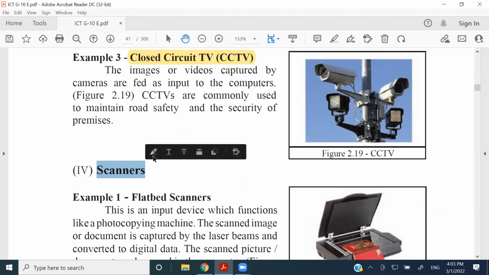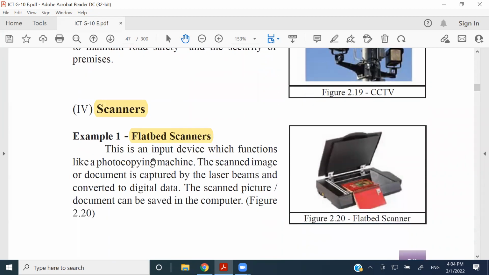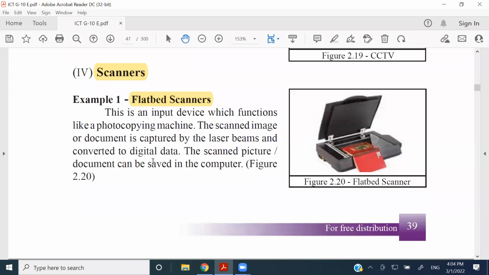And regarding these scanners, it's better you say flatbed scanner, the first one. And regarding the flatbed scanners, yeah, it's better you write this.